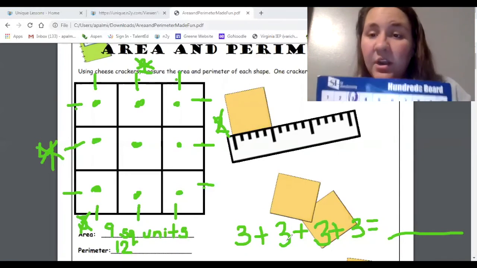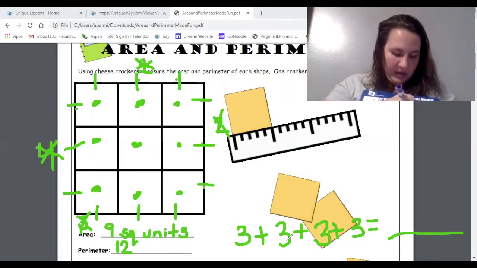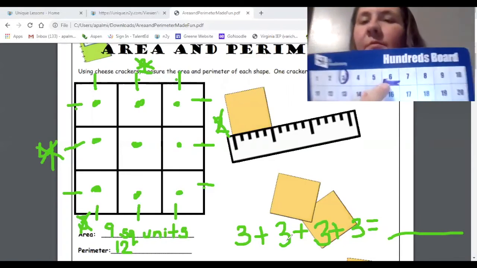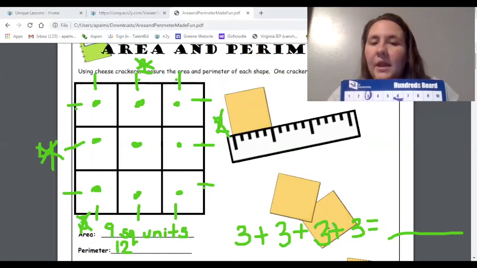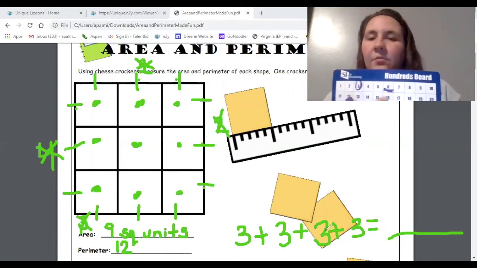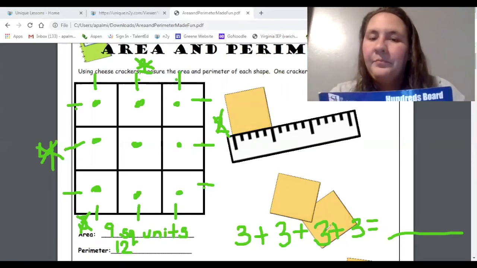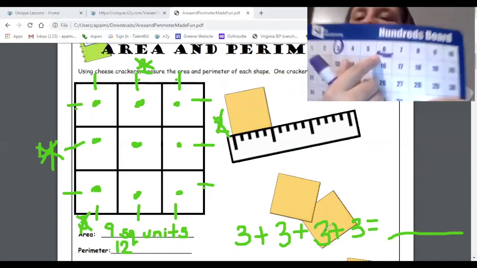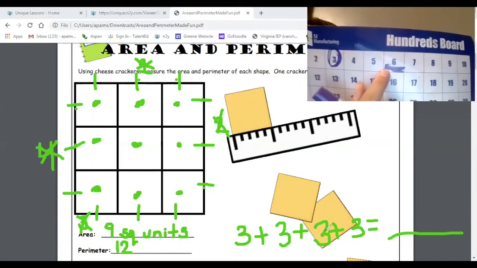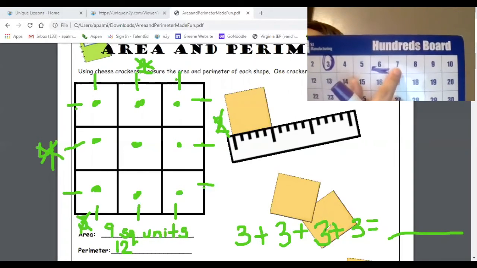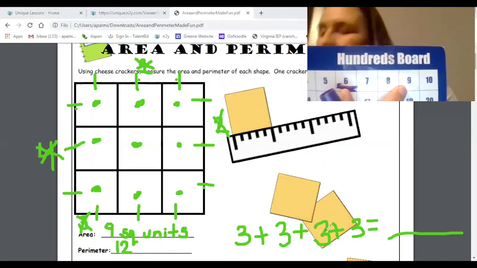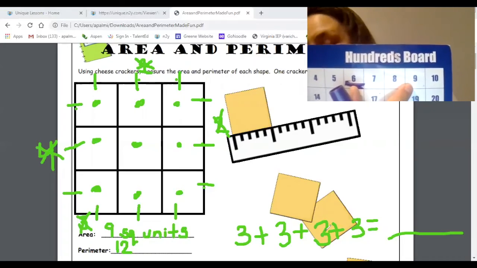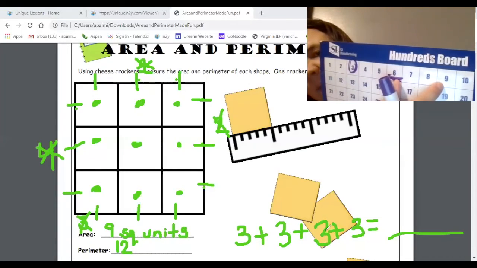Am I done? No, right? I have more numbers to add. So I'm going to draw my line so I remember that's where I stopped, on my 6. And then I'm going to move my pencil or my arrow to my next number so I know what to count. So how many do I need to count? Very good. 3 more. Okay. So I'm going to start where I left off and I'm going to count 3. 1, 2, and 3. What number did I land on? Very good. 9. And am I done?